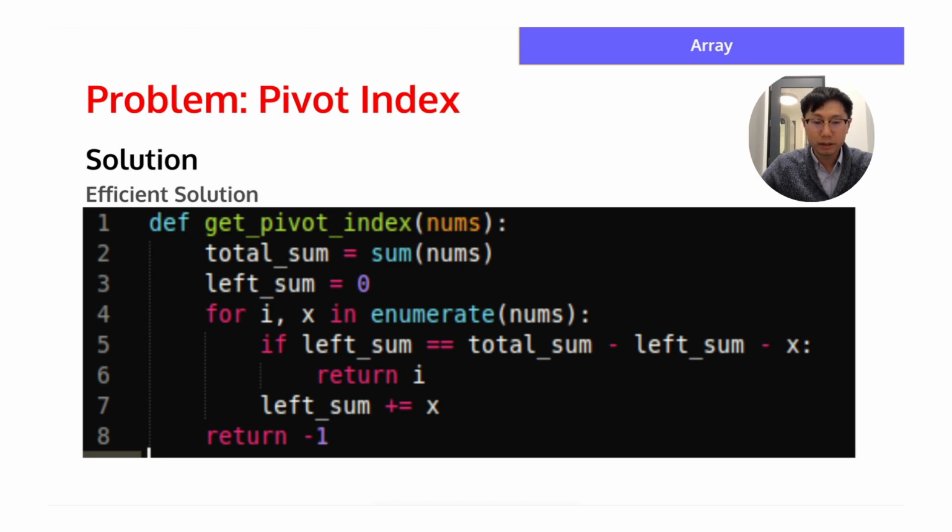If they're equal to each other, then we have found the pivot index and return that index i. If not, then we will increment the left sum by adding the current value to it. We will do this until we have either found the pivot index or not, in which case we will return -1 at the end.